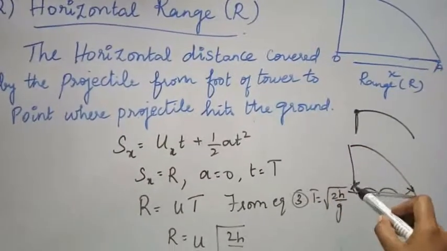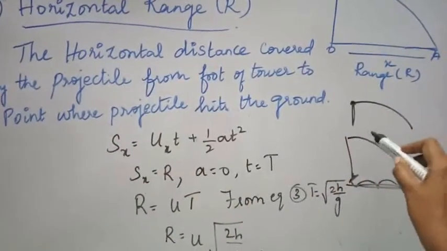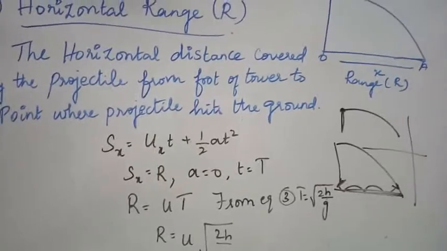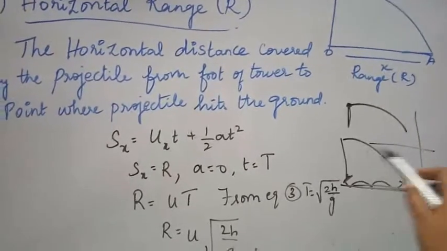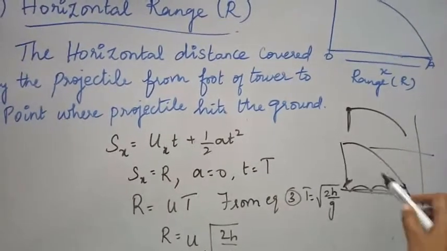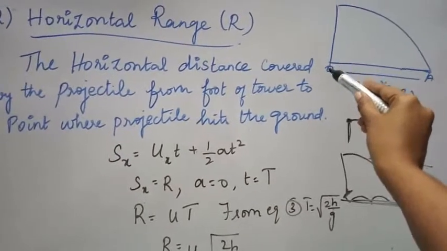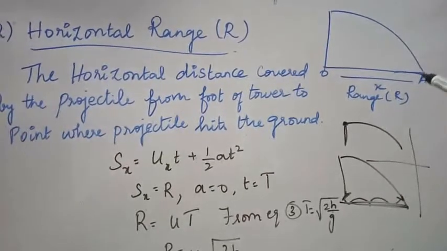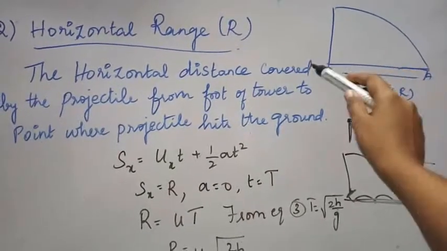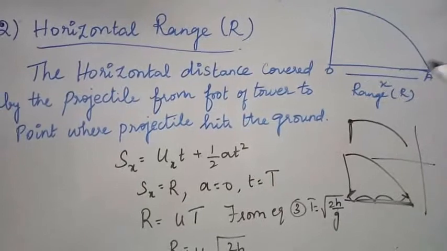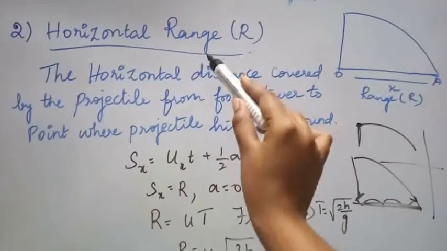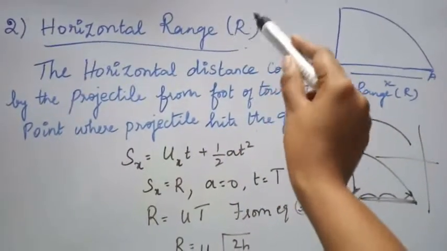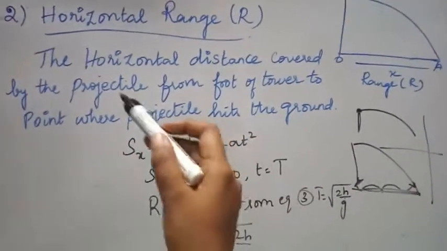If it is horizontal, this one is horizontal and this side is vertical. So horizontal is nothing but the x-axis. So in the x-axis, from the point of the tower or the hill where you stand and the point where the object reaches the ground, this distance in the x-axis is called the horizontal range, and it is indicated by the symbol r.